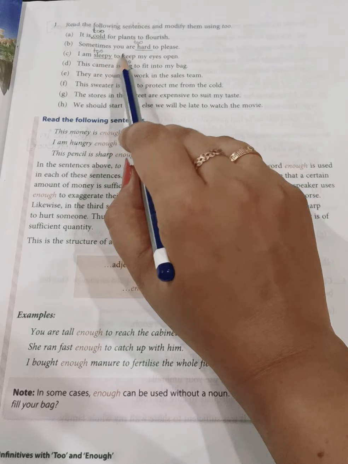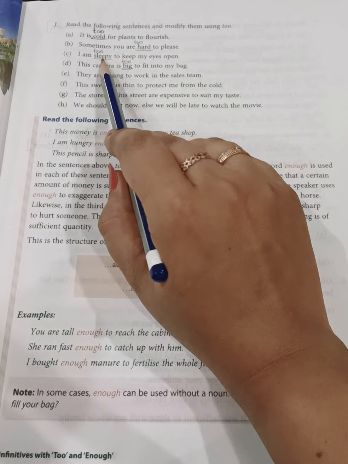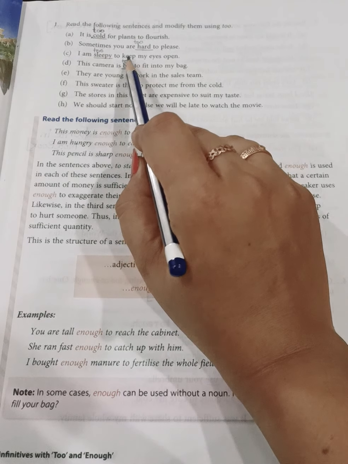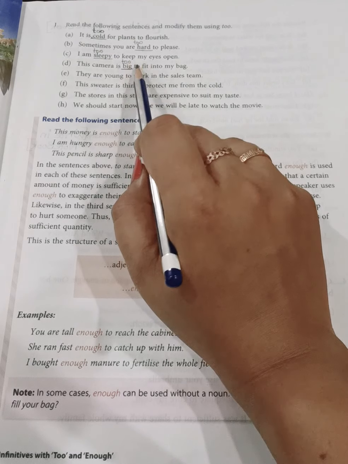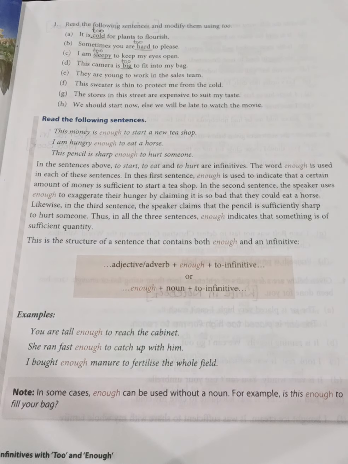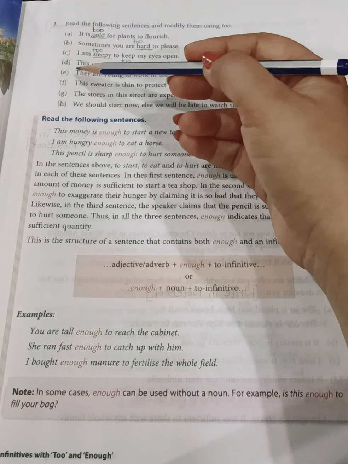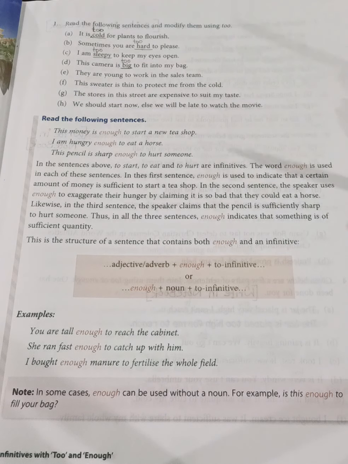Too sleepy, to keep. So, too adjective and infinitive. Too big, to fit. So, too adjective and infinitive. Understood, students? We have to just keep the structure in mind and we have to use too. So, from E to H is in homework.